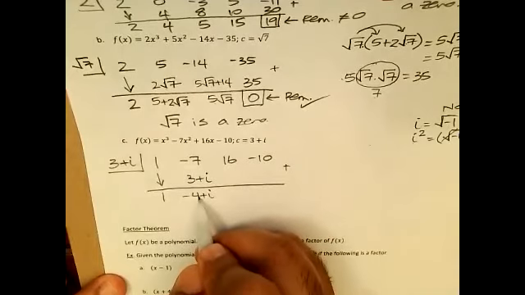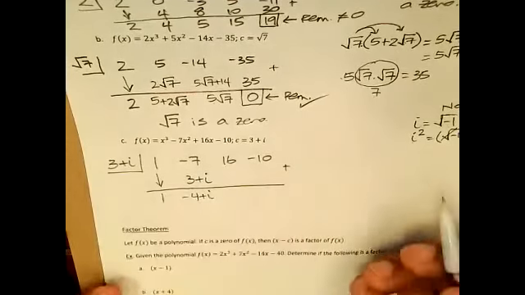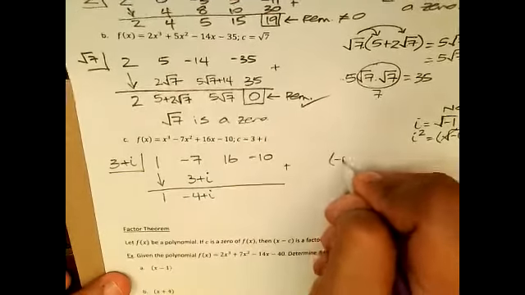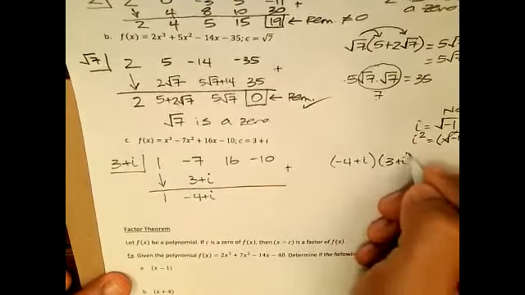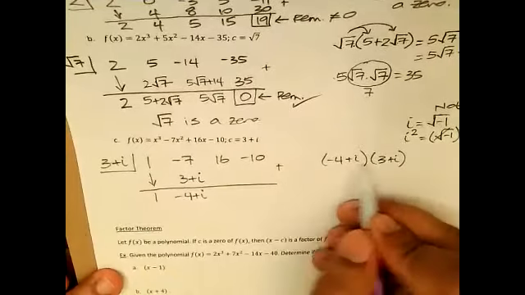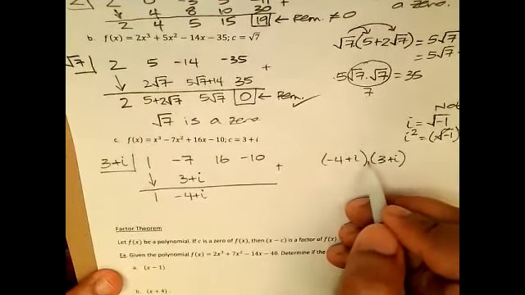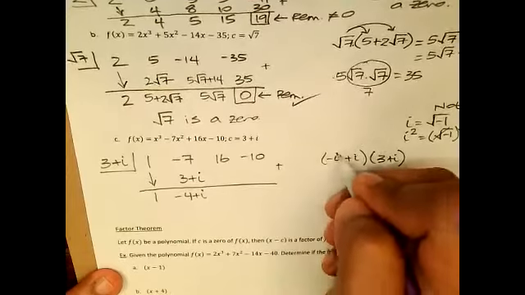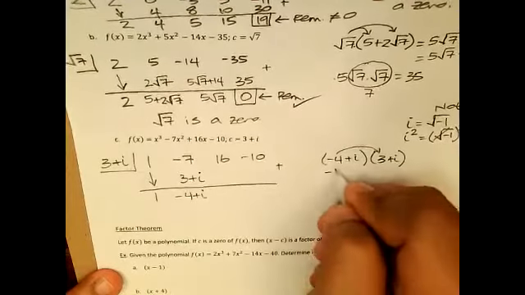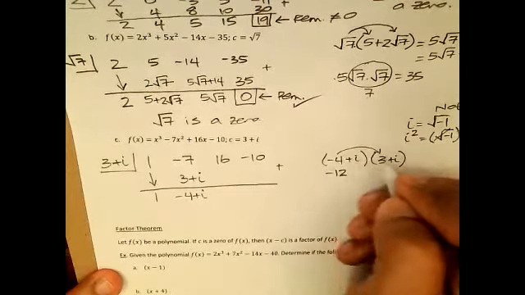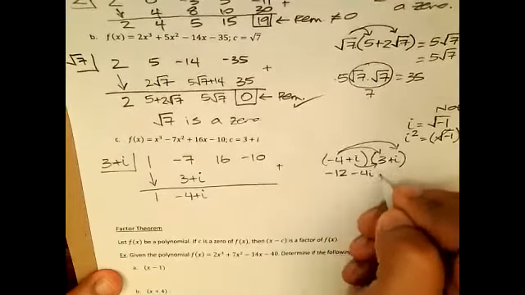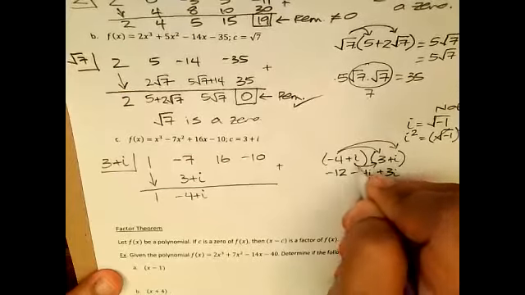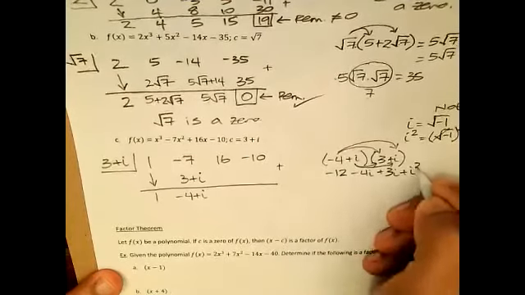Now I have to multiply -4 plus i times 3 plus i. I'm going to do that on the side. -4 plus i multiplied by 3 plus i. So I'm going to multiply these together by foiling. That's going to give me -12 minus 4i plus 3i and then plus i squared.